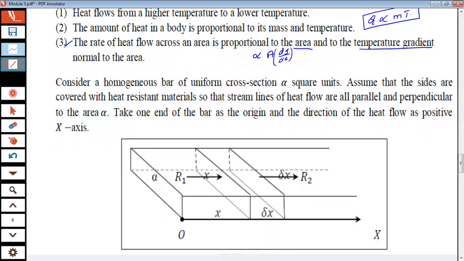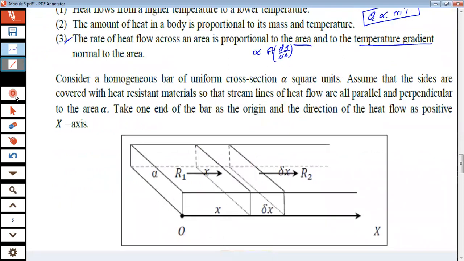Next, let us consider a homogeneous bar of uniform cross-sectional area α square units. Assume that the sides are insulated, that means covered by heat resistant material, so that the streamlines of heat flow are always parallel and perpendicular to the area α.